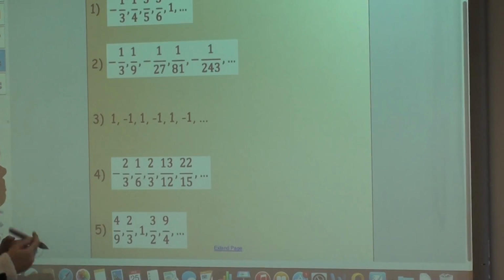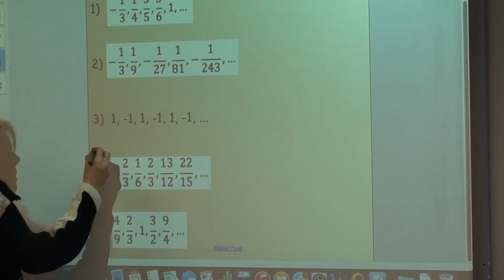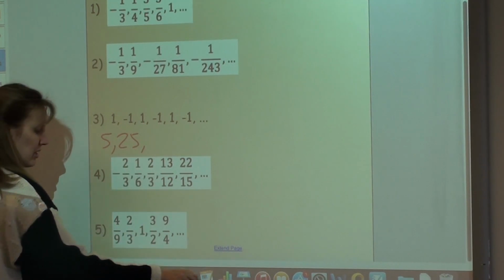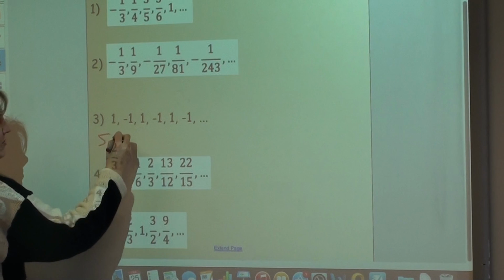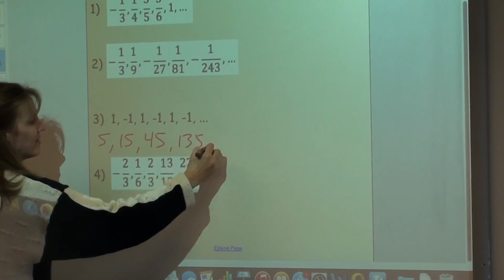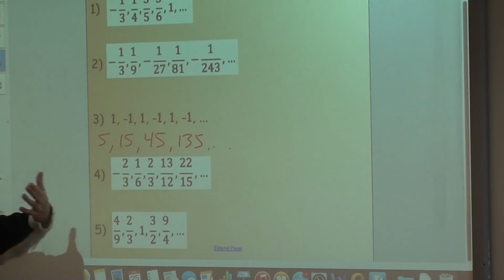Suppose you have something where you're multiplying every time, right? So say instead of going 5, 7, 9, I went 5, 15, 45, 135, dot, dot, dot. Now I'm not adding, I'm multiplying by some number to get from one term to the next.